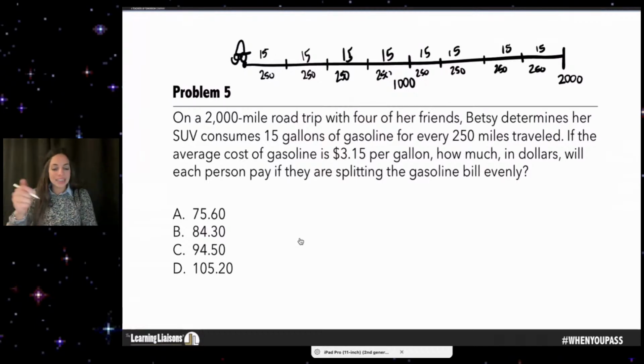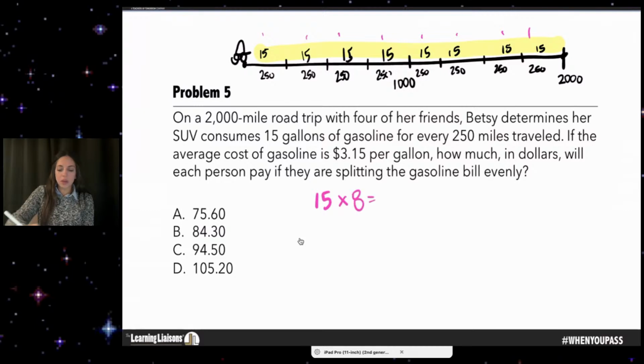So how much gas has this car used from the start to the finish, assuming that it started with a full tank? All of these 15s, which is 15 times 1, 2, 3, 4, 5, 6, 7, 8. 15 times 8 is going to give me the gallons of gas used.